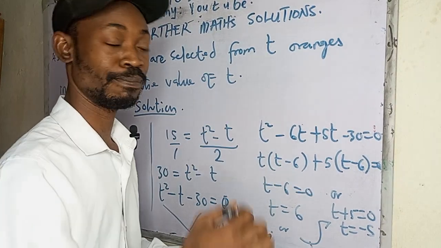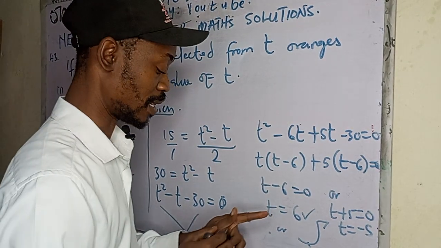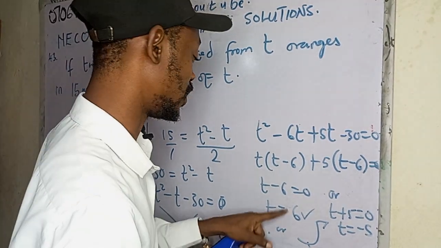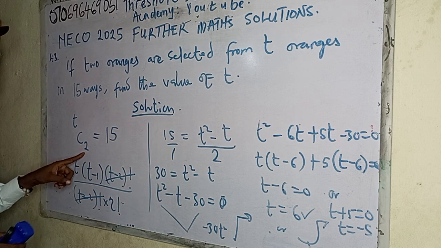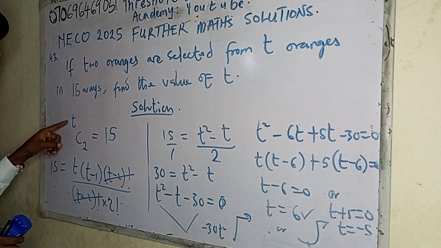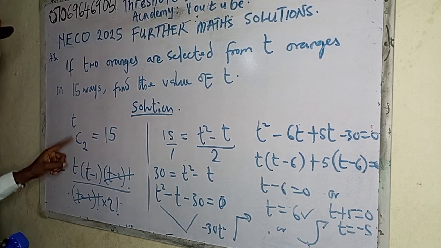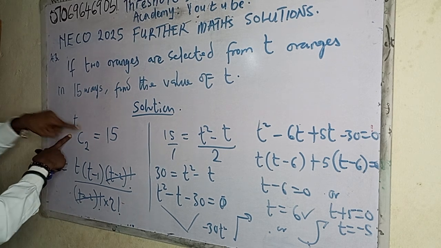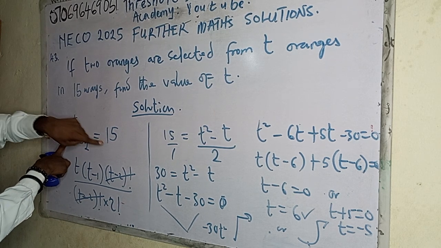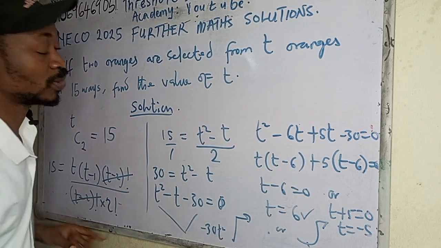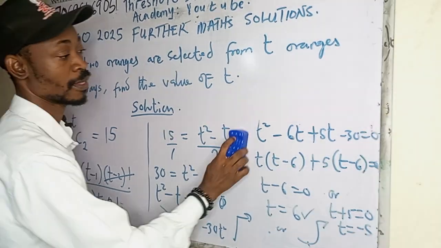We have to choose the positive answer as our real answer. So the answer is T, which means that we can select 2 oranges from 6 oranges in 15 ways, because our T is 6. So see you in the next question, guys.